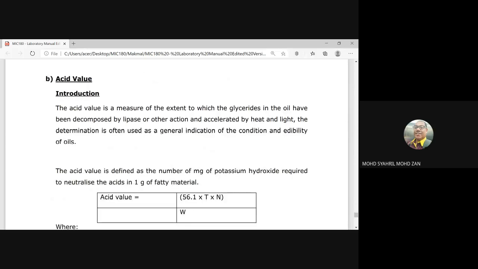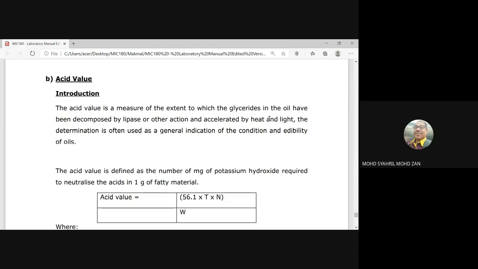Okay. So what's the meaning of acid value? Acid value is a measurement of the extent to which glyceride in the oil has been decomposed by lipase or other action and accelerated by heat and light. Okay. So how do we know that our glyceride has been broken down? All fats have a special enzyme that we use to cleave our glyceride, or fatty acid, or fats.